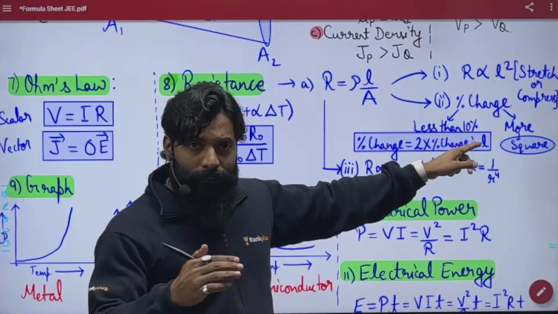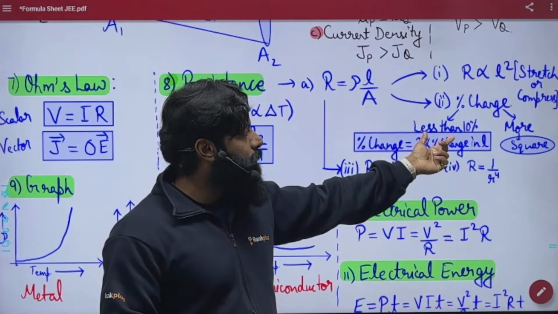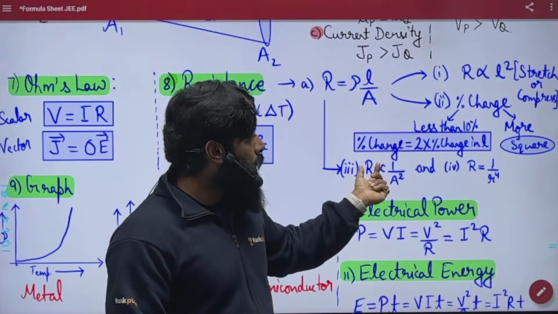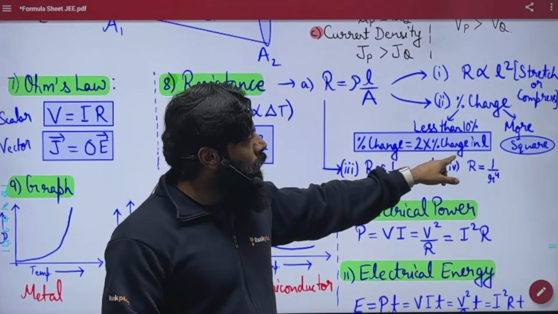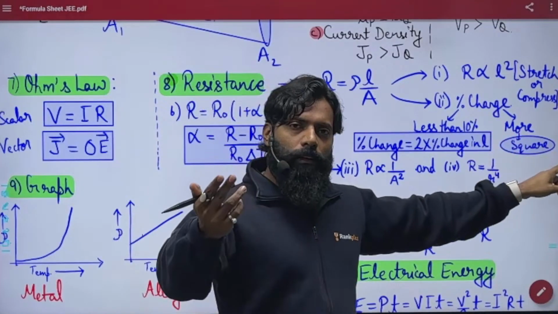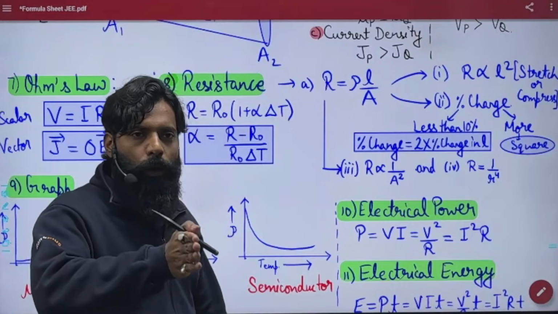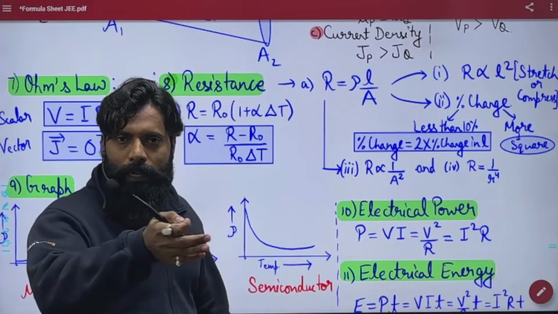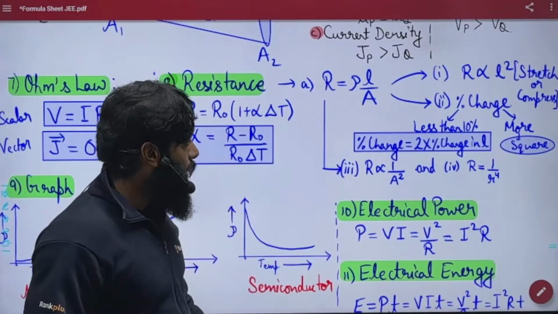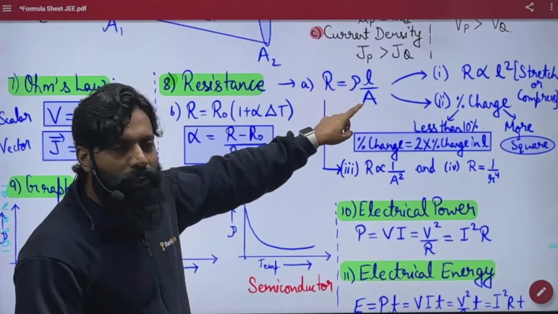If you have to find the percentage change, if the percentage change is less than 10, you multiply it by 2. If it is more than 10%, you have to square it. And once you square it, you will get the answer within a few seconds. This is the shortcut technique to find the new resistance.